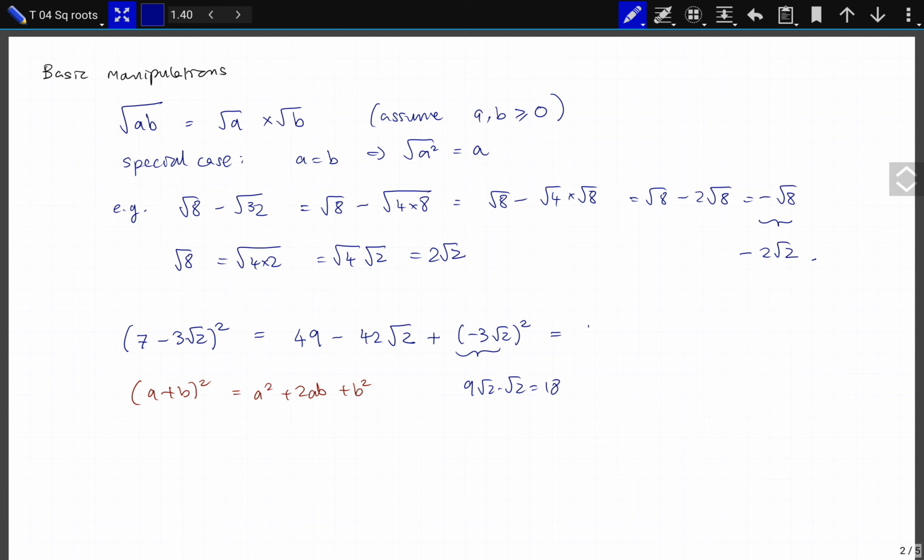And so this overall is 67 minus 42 root 2.